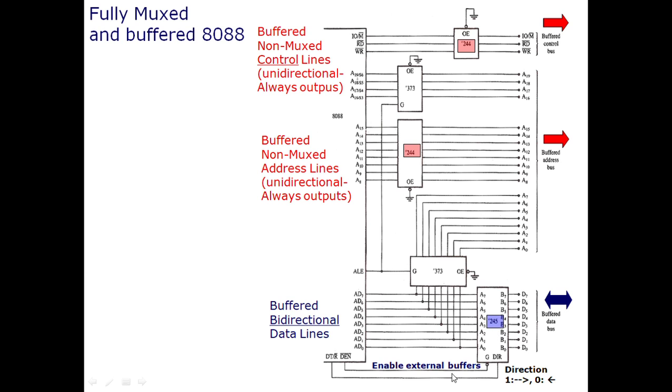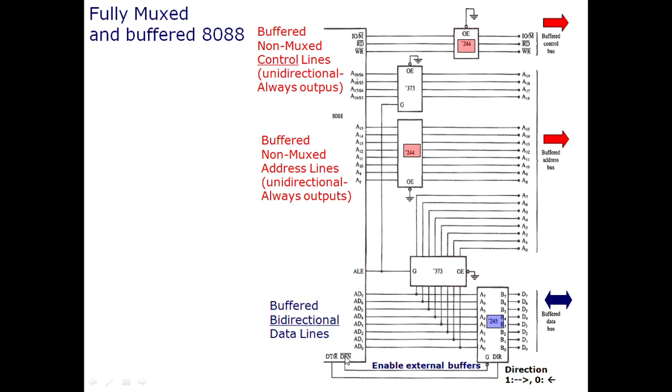So it controls the direction of this bus because data can be sent to the external devices and the memory, and it can also be read from the external devices and the memory. So for that we need to control the direction as well. So this transceiver is controlling the direction of data as well as buffering these pins and these buses as well.